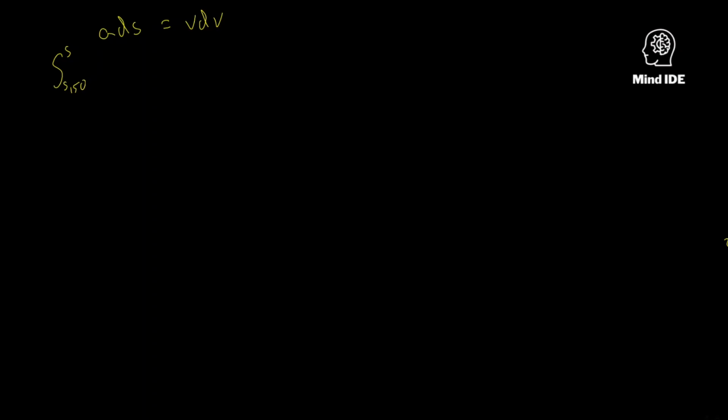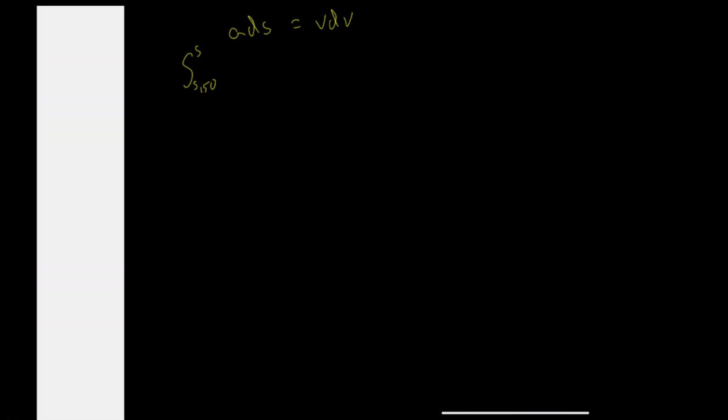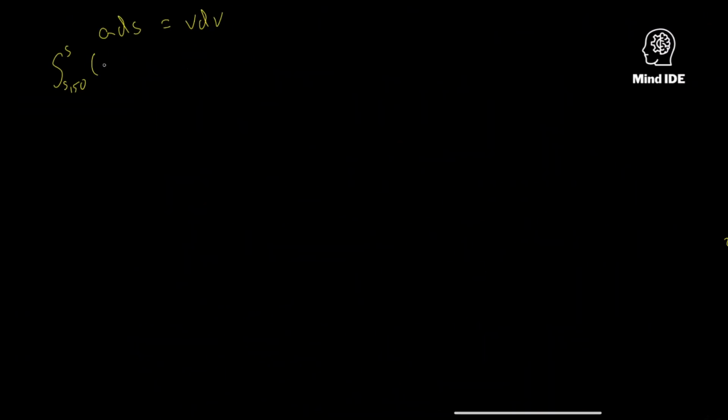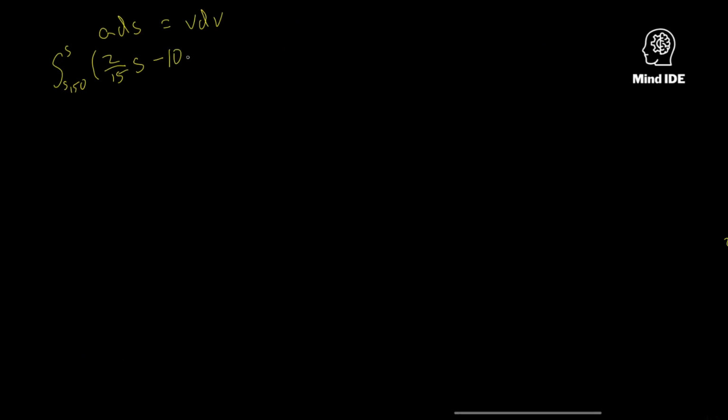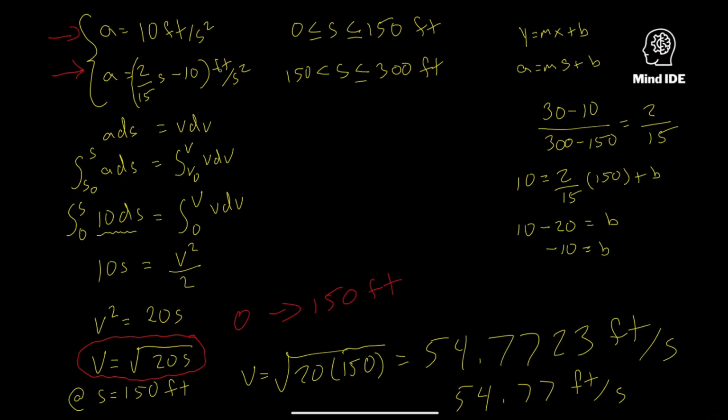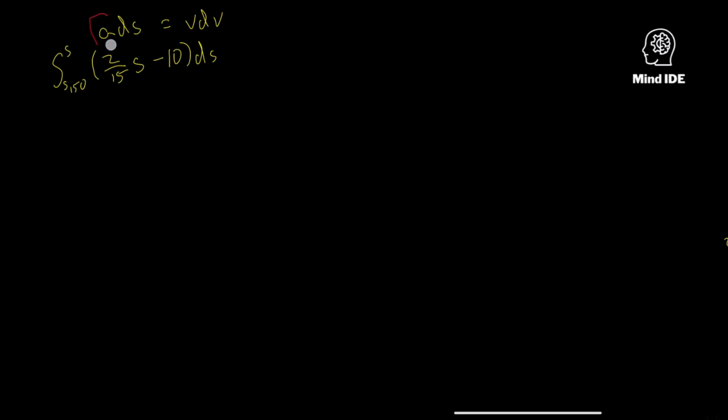What do we have here? We need to look back at this. This was 2 over 15 s minus 10, ds. So we're just subbing in a, right? a is this whole thing, so we're just putting that in here.